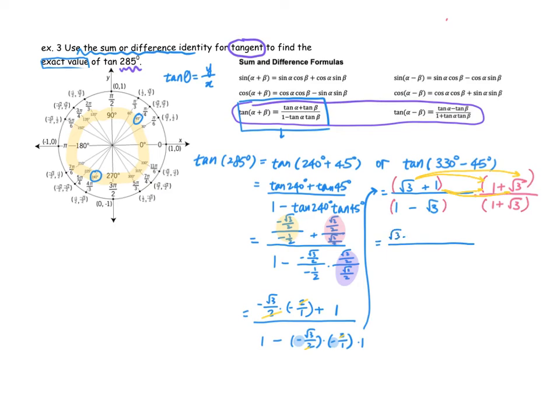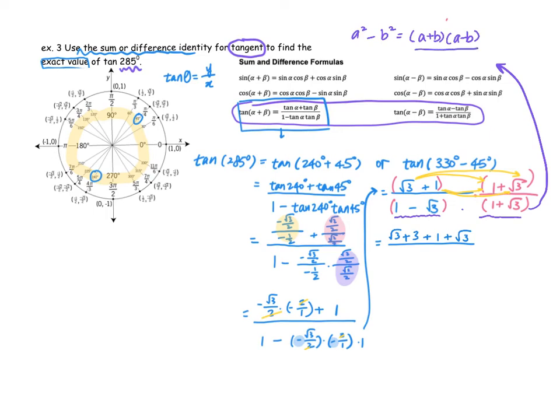So radical 3 plus 3 plus 1 plus radical 3. What about the bottom? The reason we are multiplying 1 minus radical 3 times 1 plus radical 3, does that remind you guys of the difference of squares? A squared minus b squared, which is a plus b times a minus b.